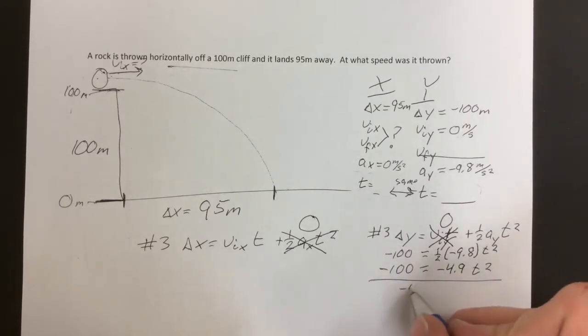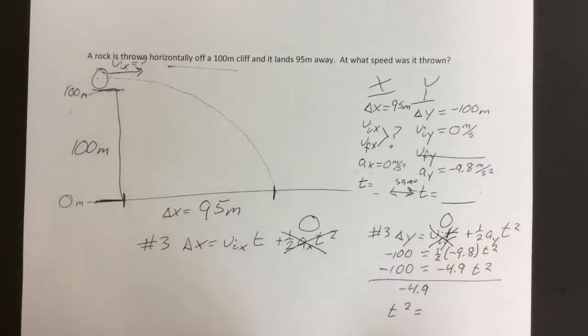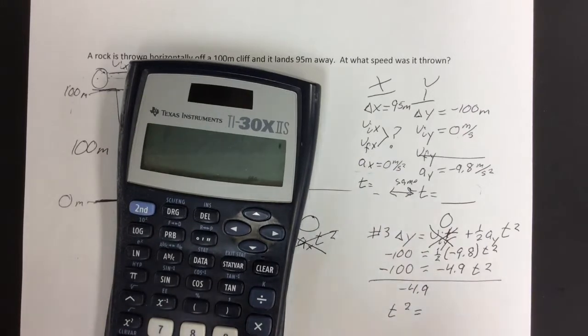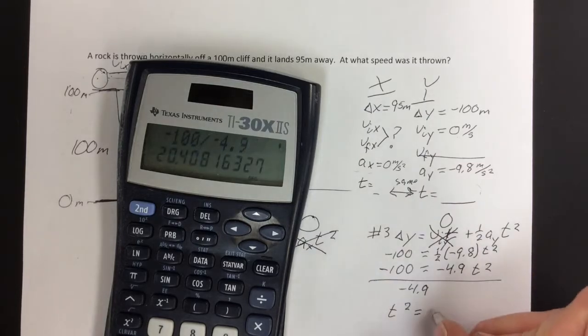Divide both sides by negative 4.9, and we end up with t squared is equal to... So then we grab our calculator. Gotta turn it on. Divide both sides by negative 4.9, so we go negative 100 divided by negative 4.9, and what we get is t squared equal to 20.41.